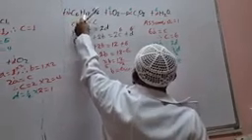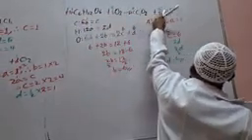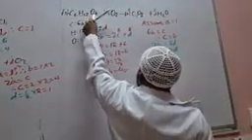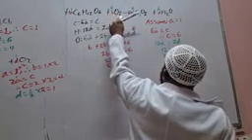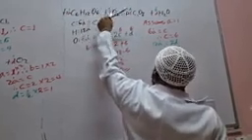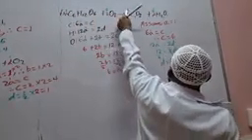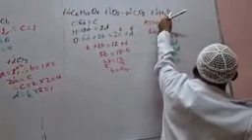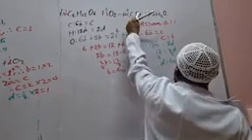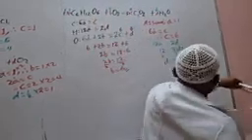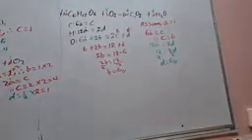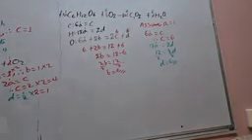Hydrogen: 12 in the reactant, and 6 times 2, 12 in the product. Oxygen in the reactant: 1 times 6 is 6, plus 6 times 2 is 12, which makes 18. Oxygen in the product: 6 times 2 is 12, plus 6 times 1 is 6, which makes 18. Here 18, here also 18. Therefore, the equation is balanced.